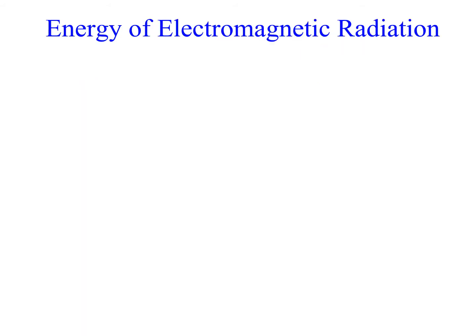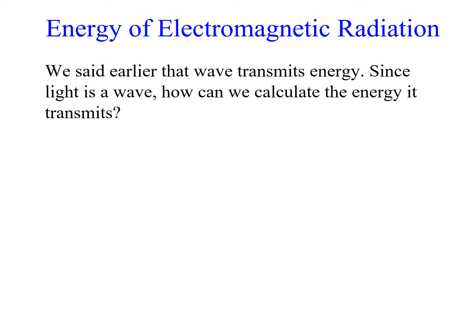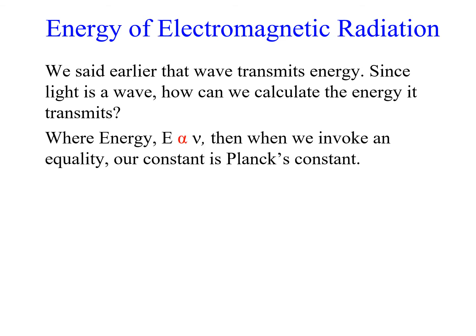And so the energy, as it relates to electromagnetic radiation, we said earlier that it transmits energy. And since light is a wave, how can we calculate its energy? Well, we can say that energy is proportional to frequency.